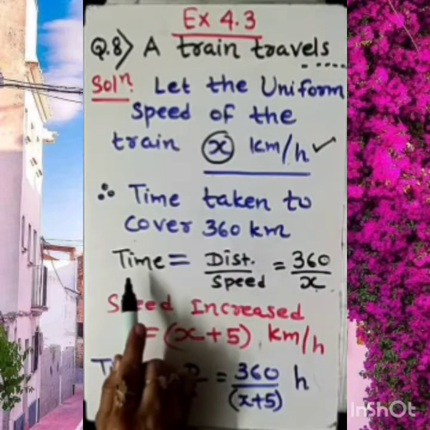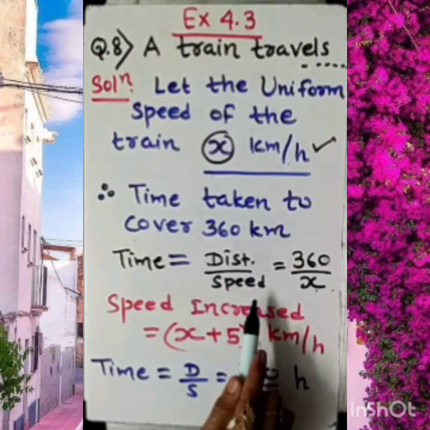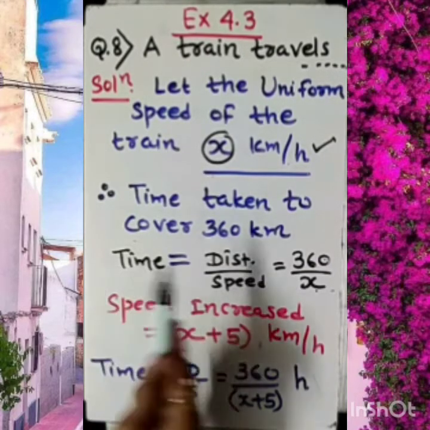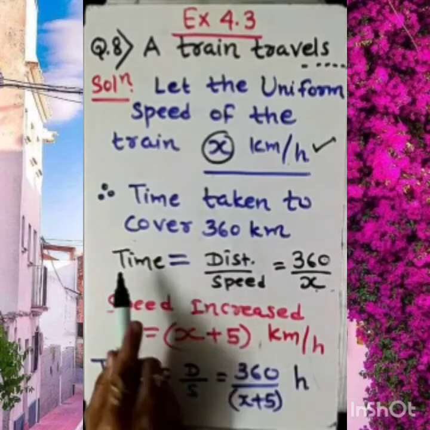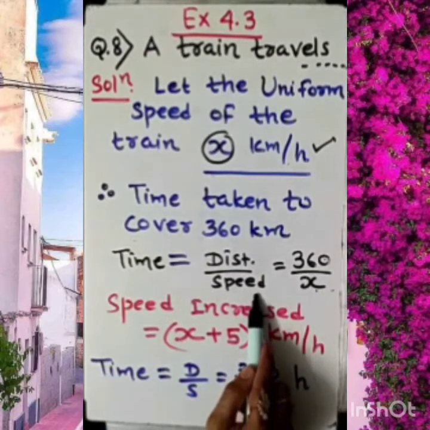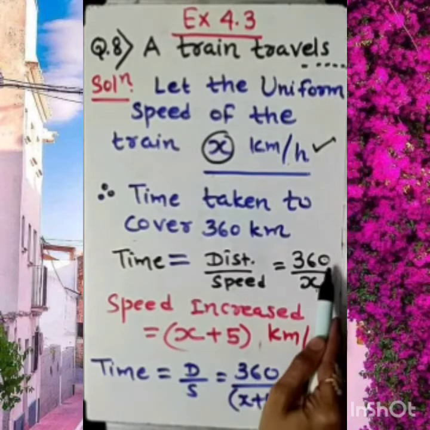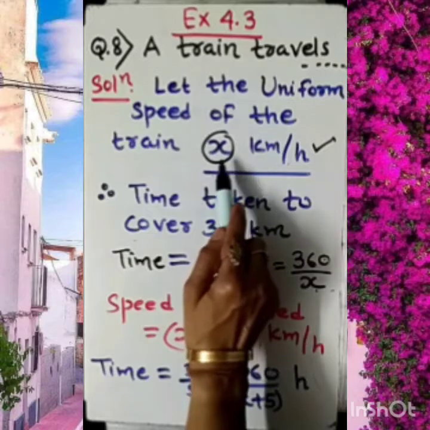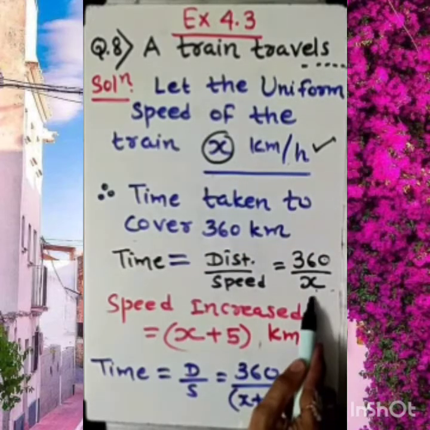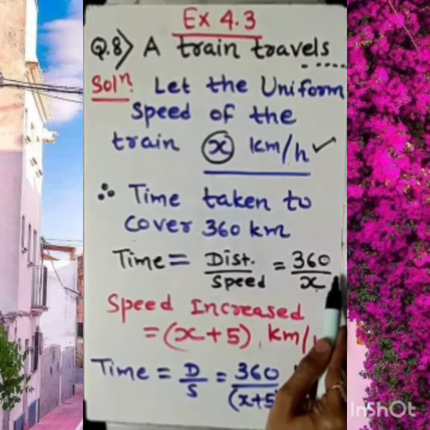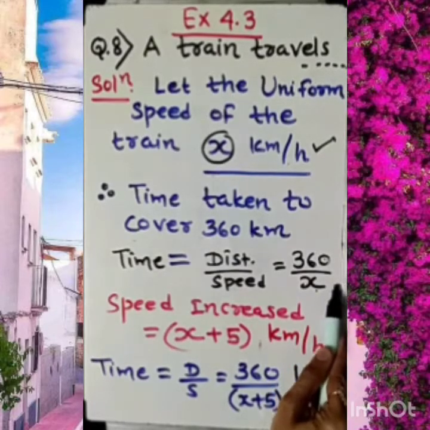We know speed equals distance upon time, so by cross multiplication, time equals distance upon speed. Distance is constant, 360 kilometer, and the assumed uniform speed is x. So the time is 360 divided by x in hours. This is result 1.